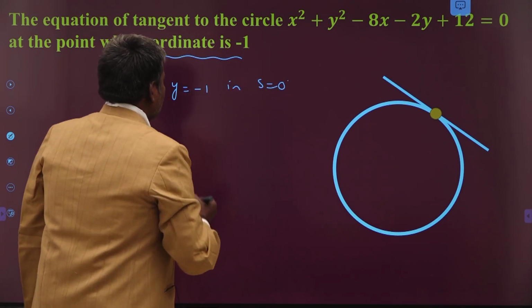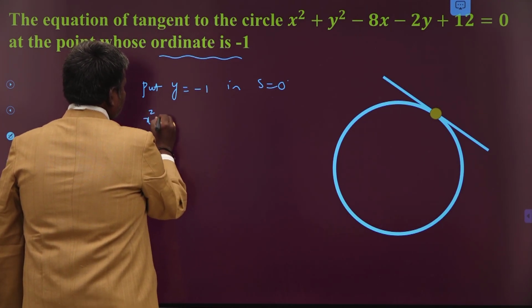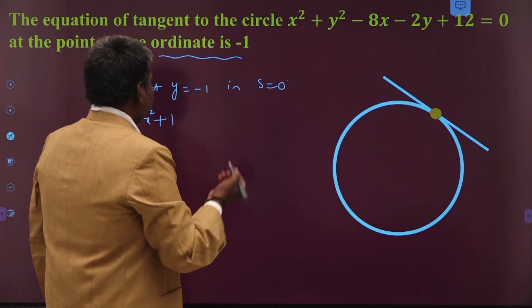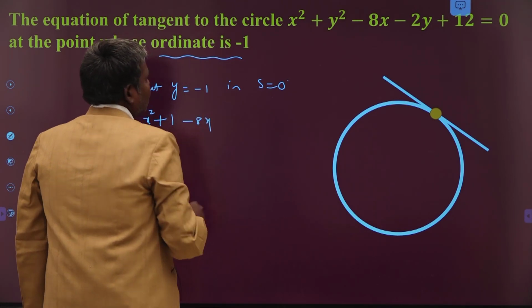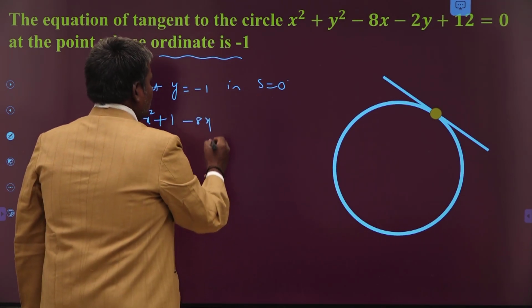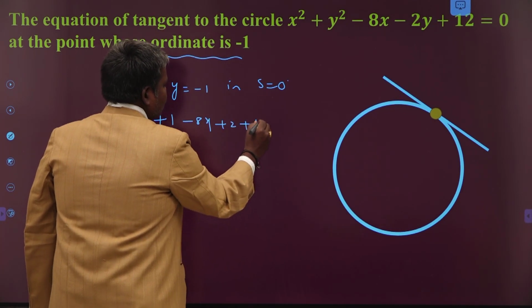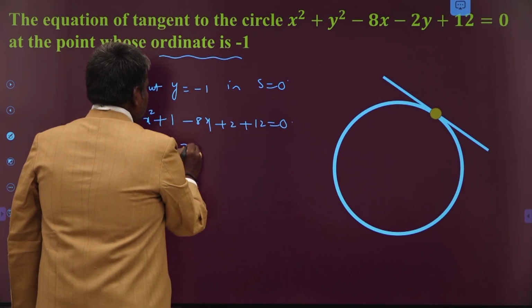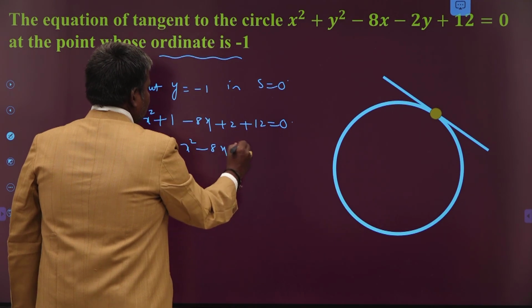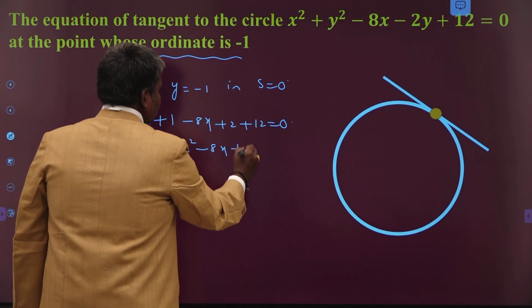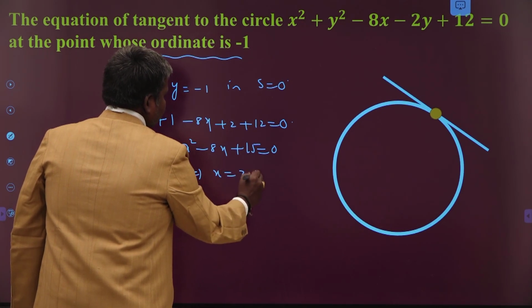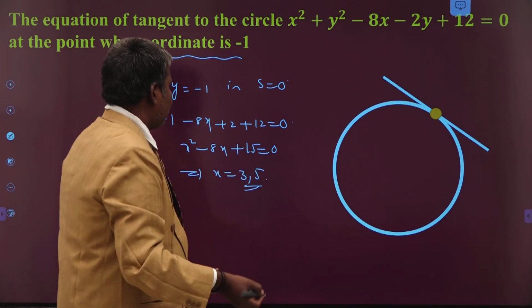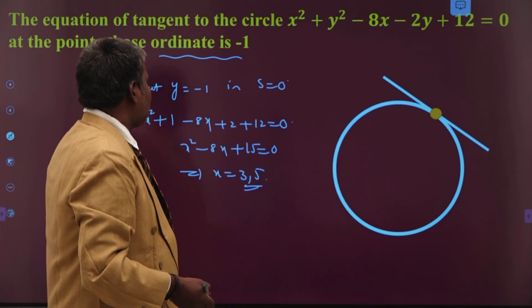What happened? x square plus 1 minus 8x and minus into minus plus 2 plus 12 is equal to 0. That means x square minus 8x plus 14 plus 1, 15 is equal to 0. So the values of x are 3 comma 5. 3 fives are 15, sum of the roots is 8. The roots are 3 comma 5.